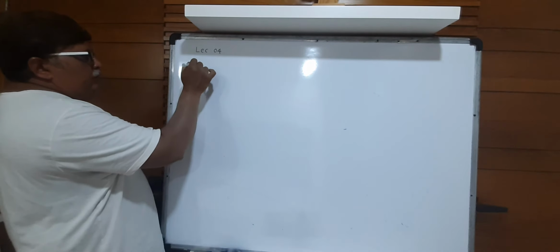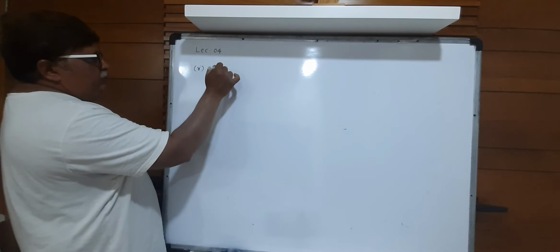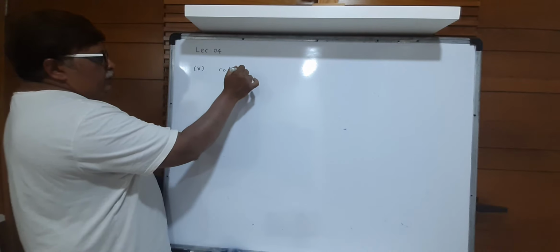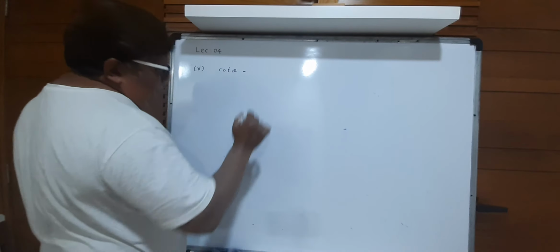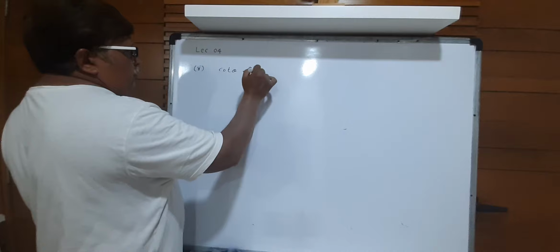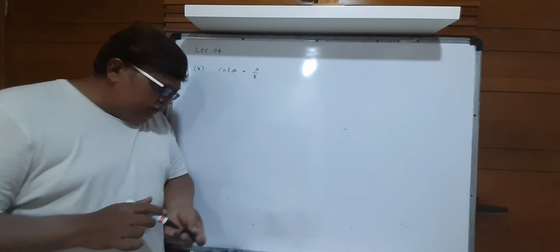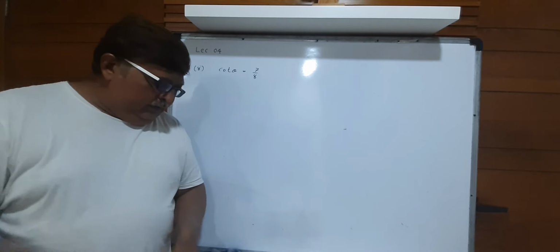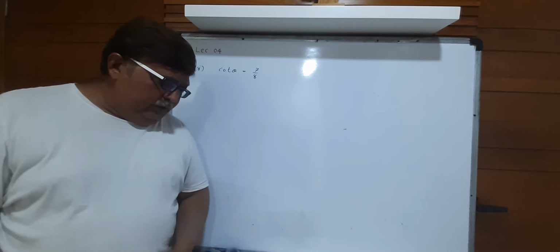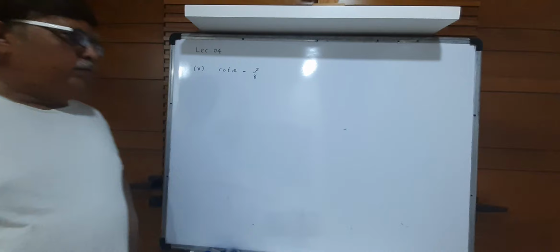What is given there? I am just writing the basics. Cot theta is 7 upon 8, and you are looking for the value of, read it, 1 plus sine into 1 minus sine upon 1 plus cos into 1 minus cos.